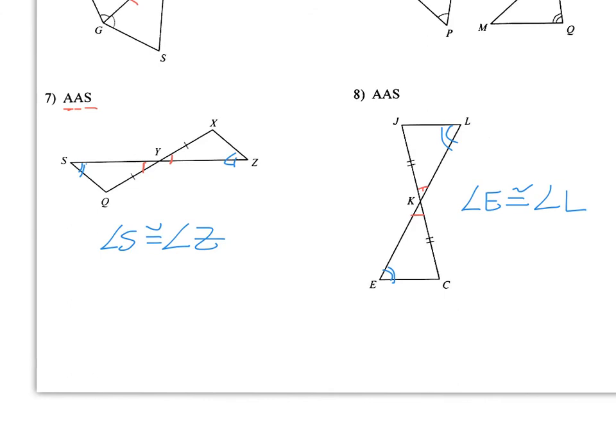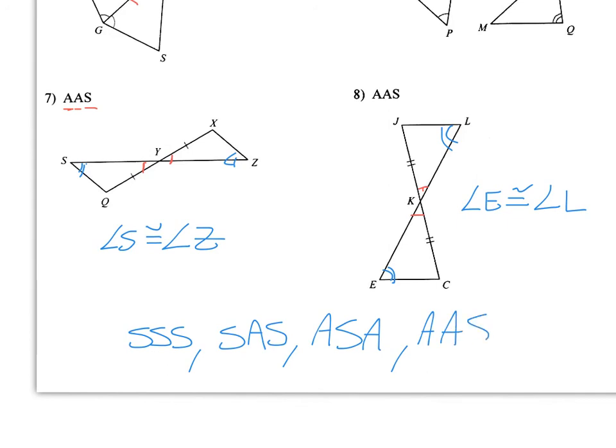So again, just a very similar lesson to what we did in 4.4, just with different reasons. Just a real quick review. Remember, here are the 4 reasons triangles can be congruent: SSS, SAS, ASA, and then AAS.